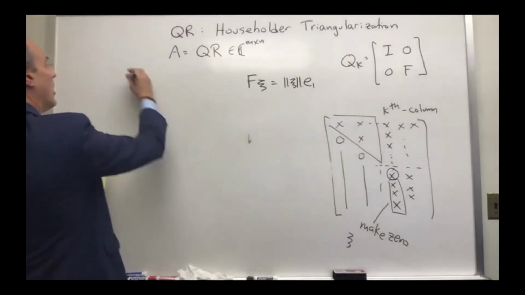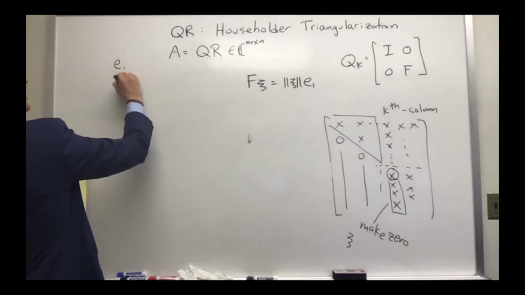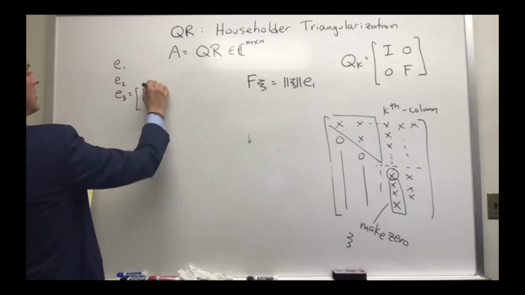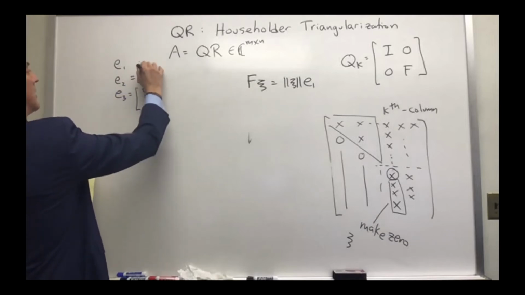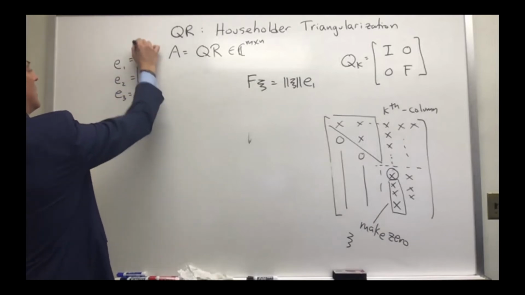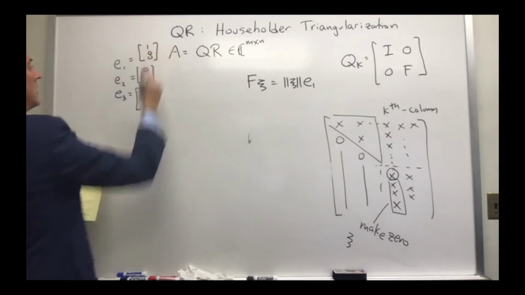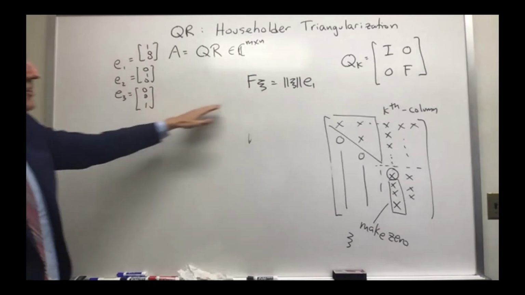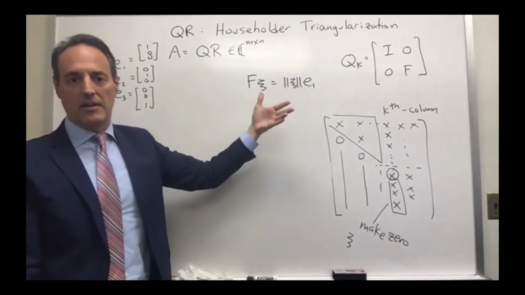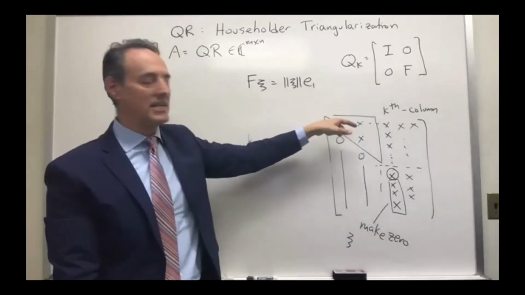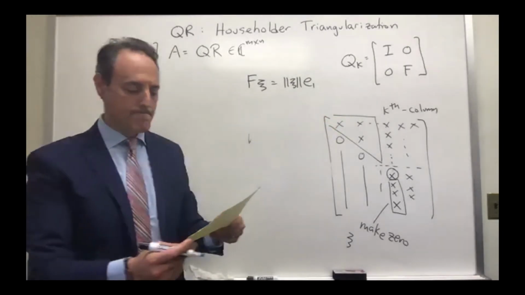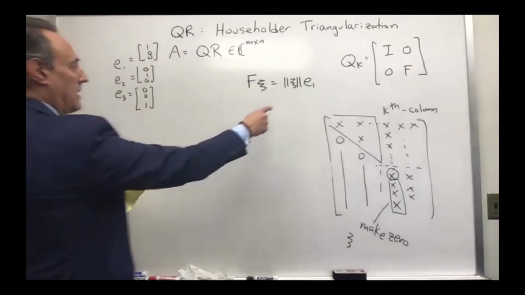Hopefully you guys are okay with E1, E2, E3 being these vectors in three-dimensional space that look like this. So the unit vectors in each direction. Here it's the unit vector in the first direction of this m minus k plus 1 space. That's all I mean by E1.